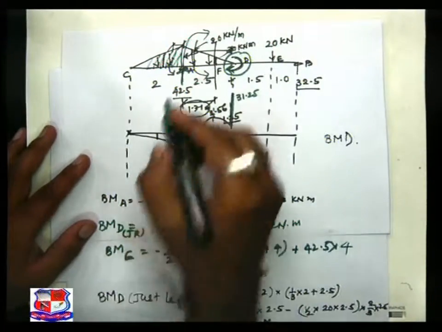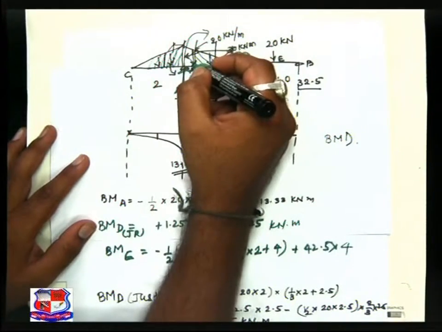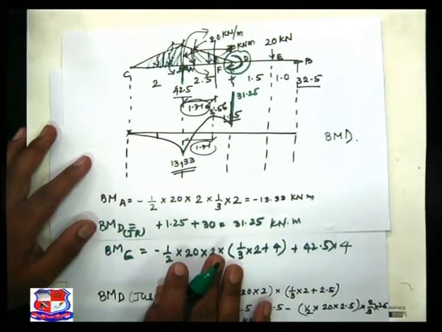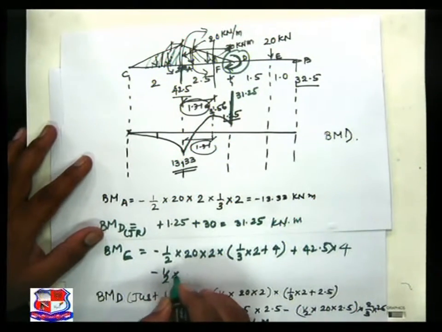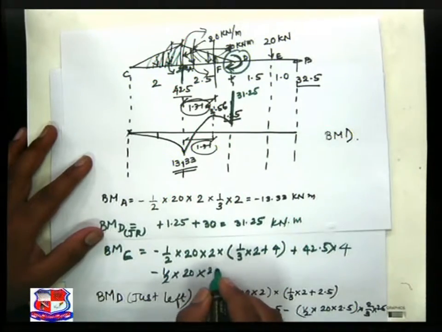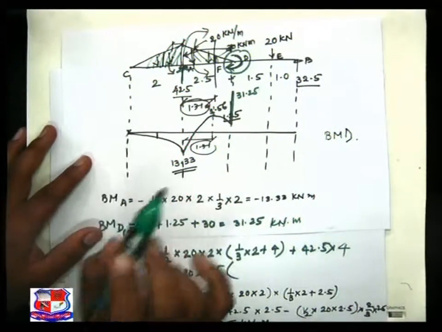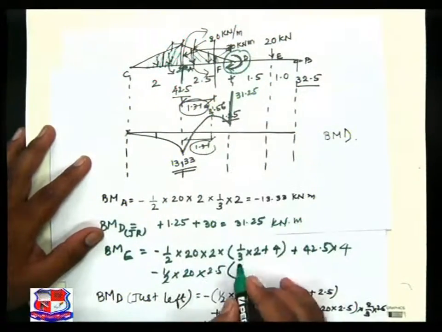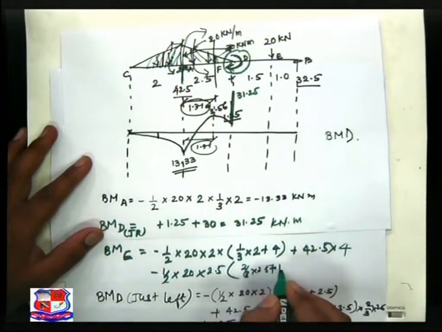Next load is this uniformly varying load, that is of triangular nature, and which creates the hogging bending moment, minus sign, half into 20 into 2.5. The interesting point, the CG distance from this particular point is 2/3 of 2.5 plus 1.5.